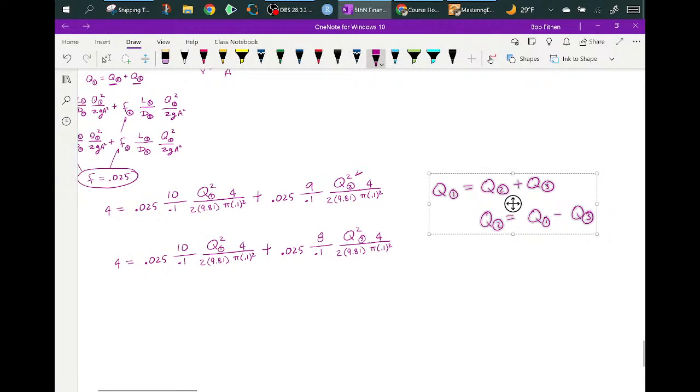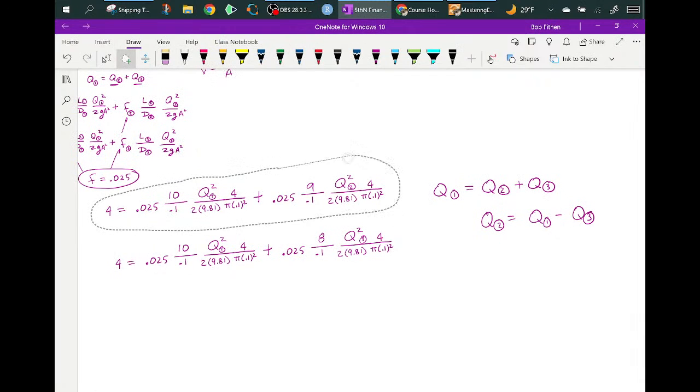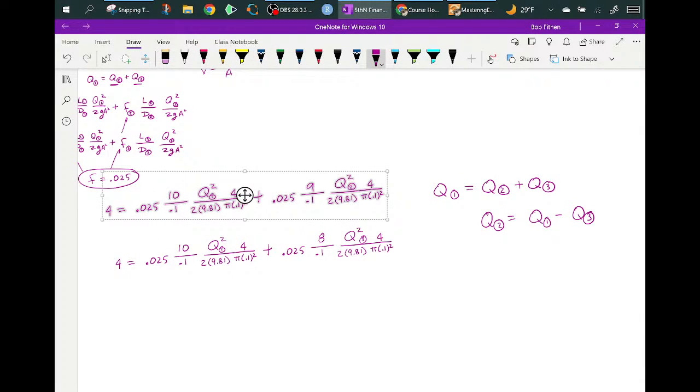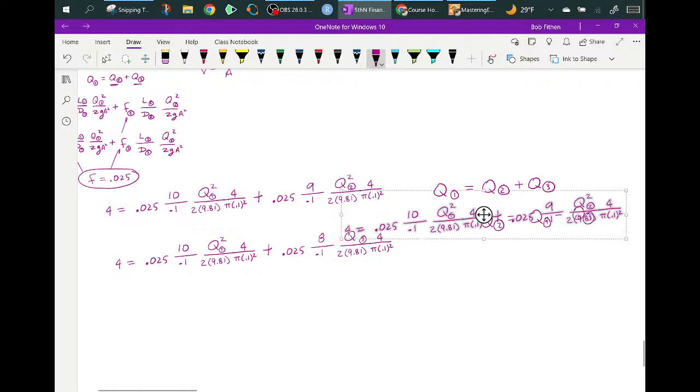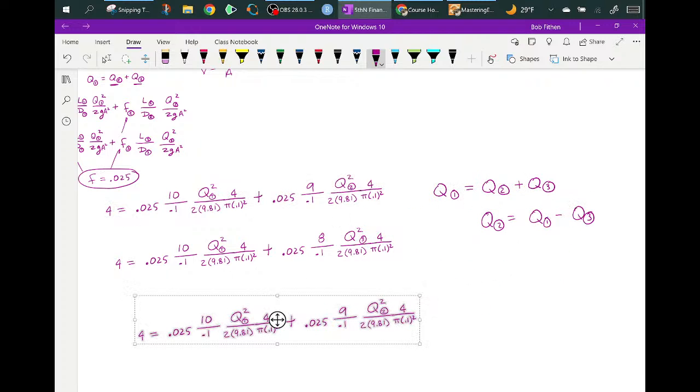Let me get rid of this, and I'm going to copy this entire equation and move it down here.